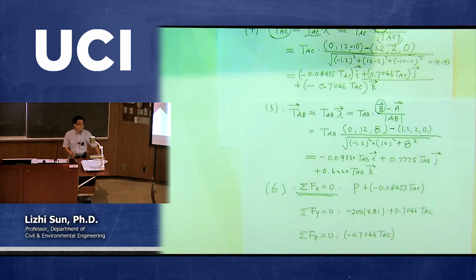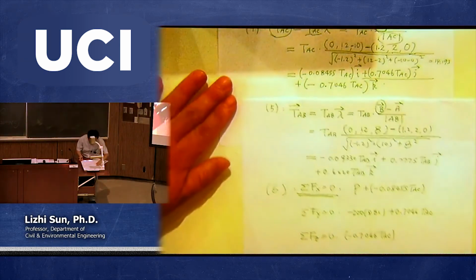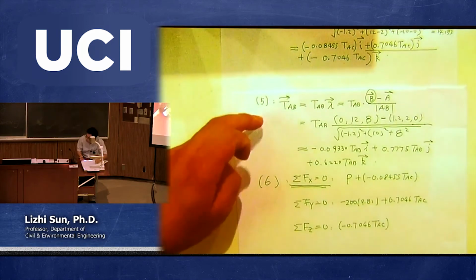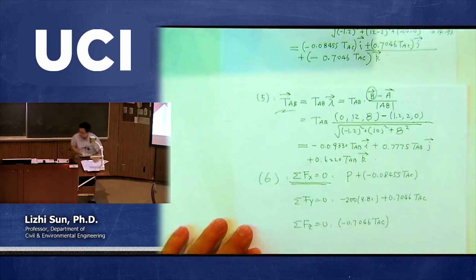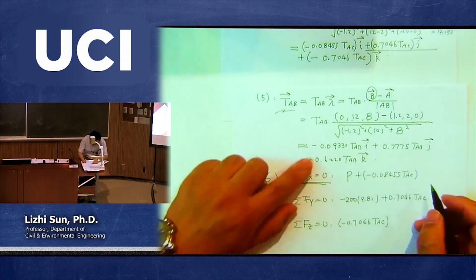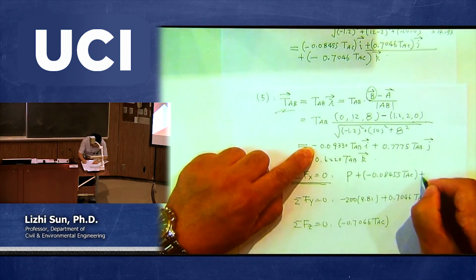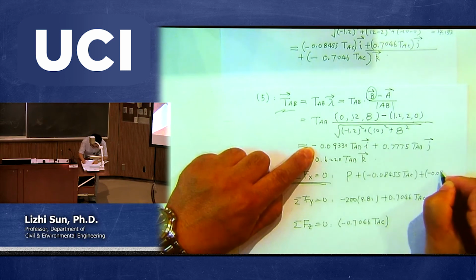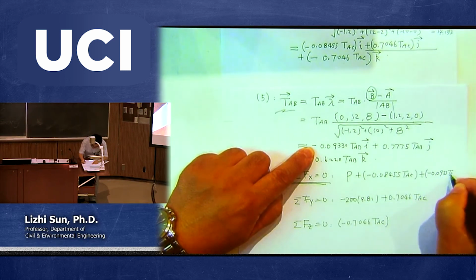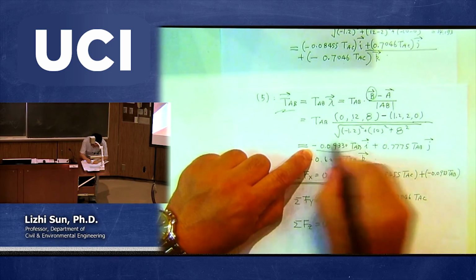Any questions? Okay, then we need to collect the last force, which is T_AB. What are the three components of T_AB? They are here. This is the x component, negative 0.0933 T_AB. This is the y component, plus 0.7775 T_AB.